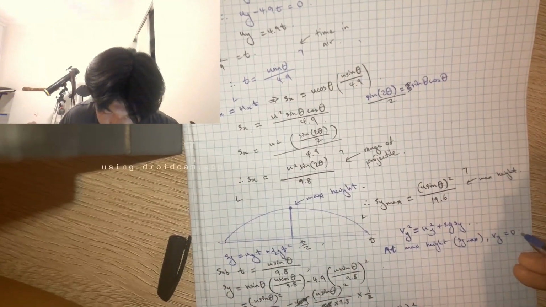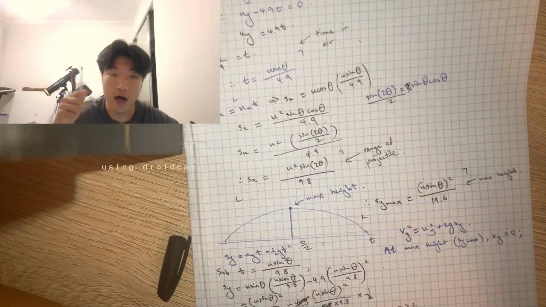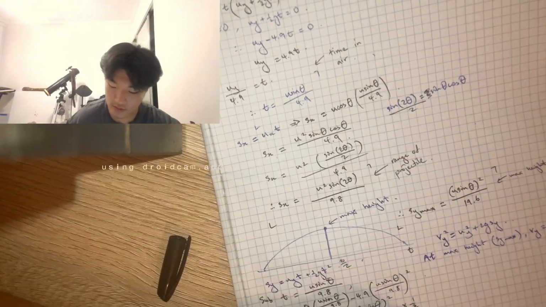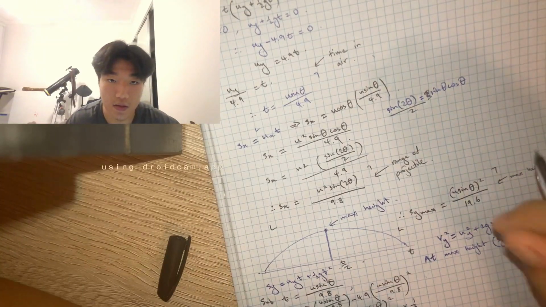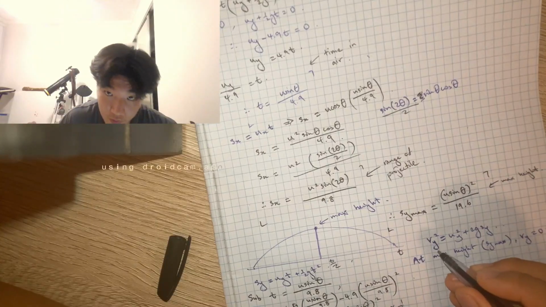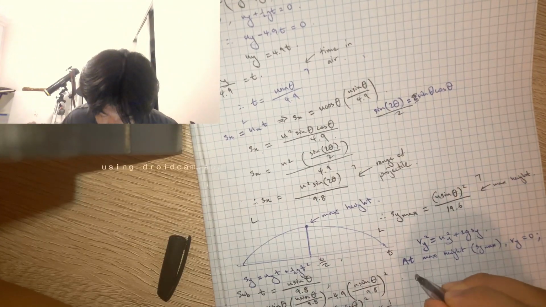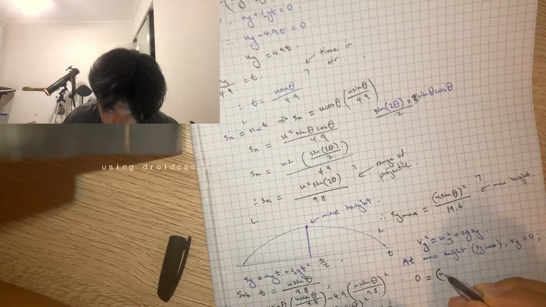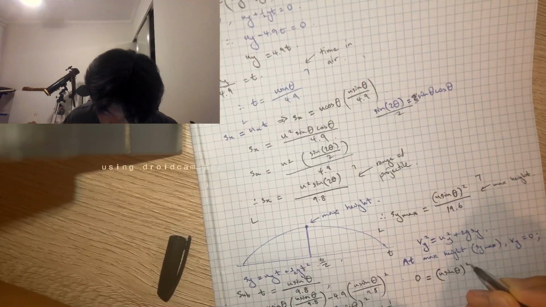v y equals 0, right? It's not going up anymore. It stopped. So now it's going to go back down. So now it's going to actually start decelerating due to the acceleration due to gravity. So then if we sub that back in, it's 0 equals u y squared, which is u sine theta all squared.